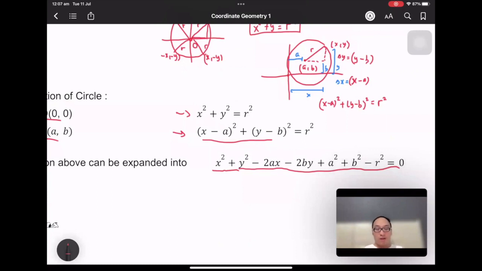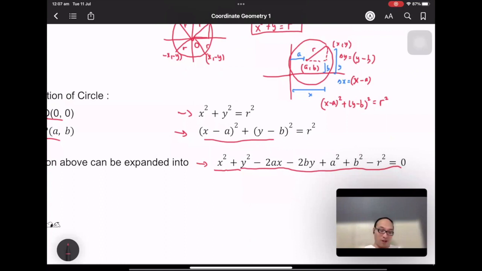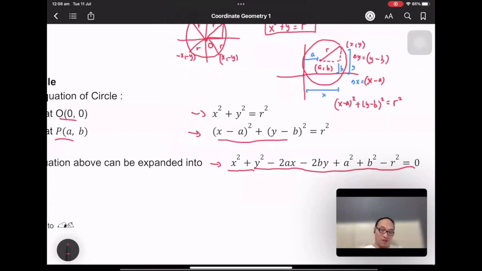Now, how if we have this equation and we want to find the center and the radius of the circle? We know that the equation of the circle has the information of center and radius. So the center is A, comma B. It's coming from here.